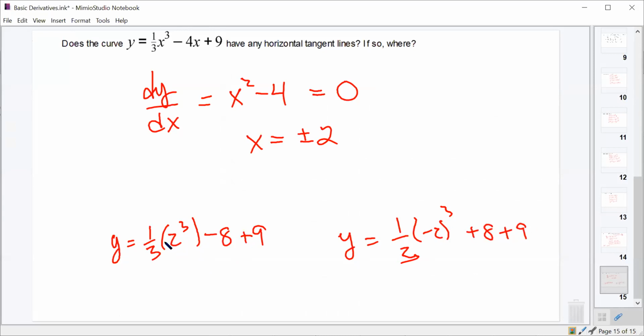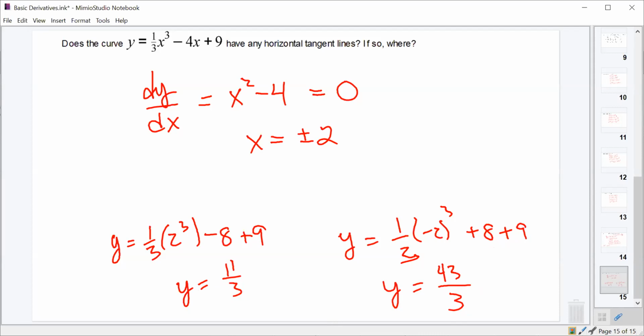And so this one is, what is that? 8/3 minus 8 plus 9. So 8/3 plus 1, which is 11/3. And this one we'd have negative 8/3 plus 17, which is 51/3. So what does that come out to be? 43/3, I think. Hopefully I did that right in my head.